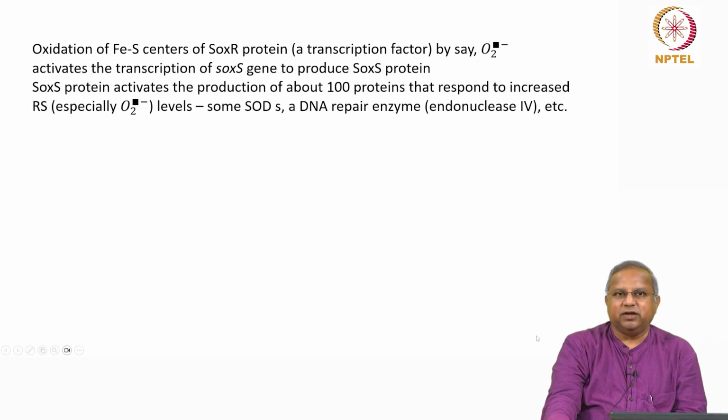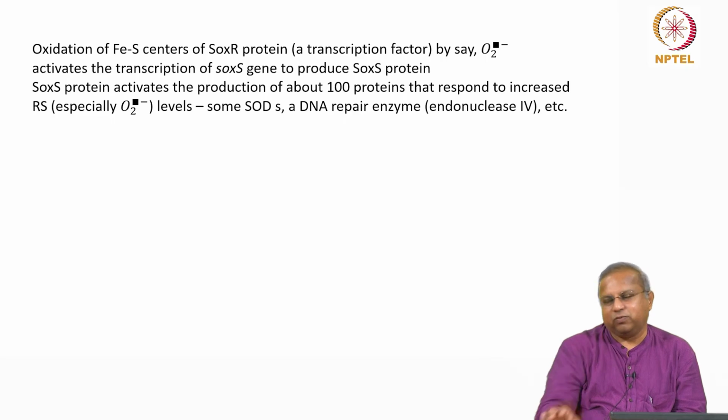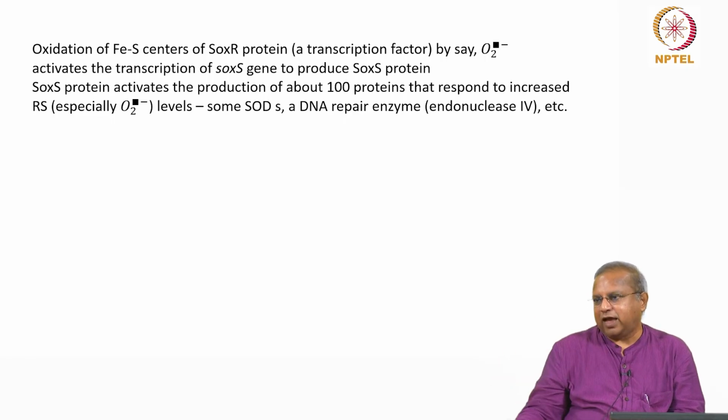And SOXS protein activates the production of about 100 different proteins that respond to increased reactive species, especially the superoxide. For example, some SODs, superoxide dismutases, DNA repair enzymes such as endonuclease 4, and so on and so forth. A wide variety of things are under the control of SOXS.